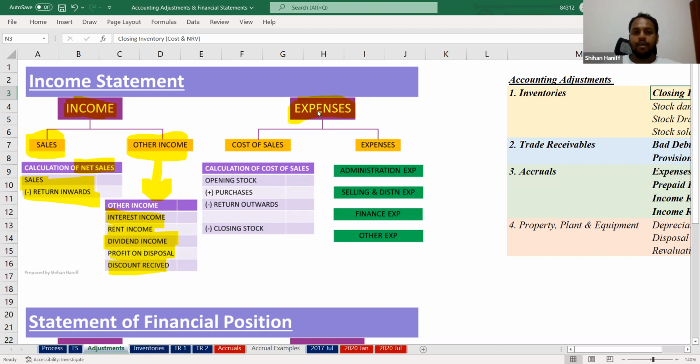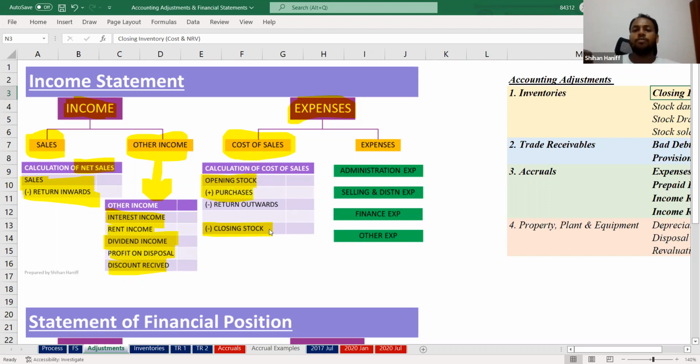Expenses. The main expense of a business is the cost of sales, the inventory, the stock. Okay, so we need to calculate the cost of sales. So how do you get the cost of sales? Opening stock plus purchases minus closing stock. Opening stock, and we add the purchases, then you have the total stock available.